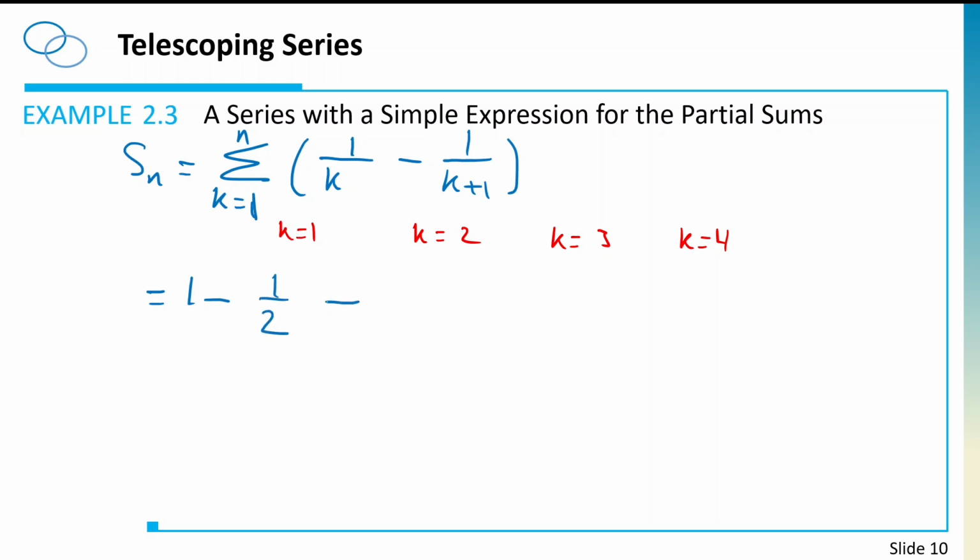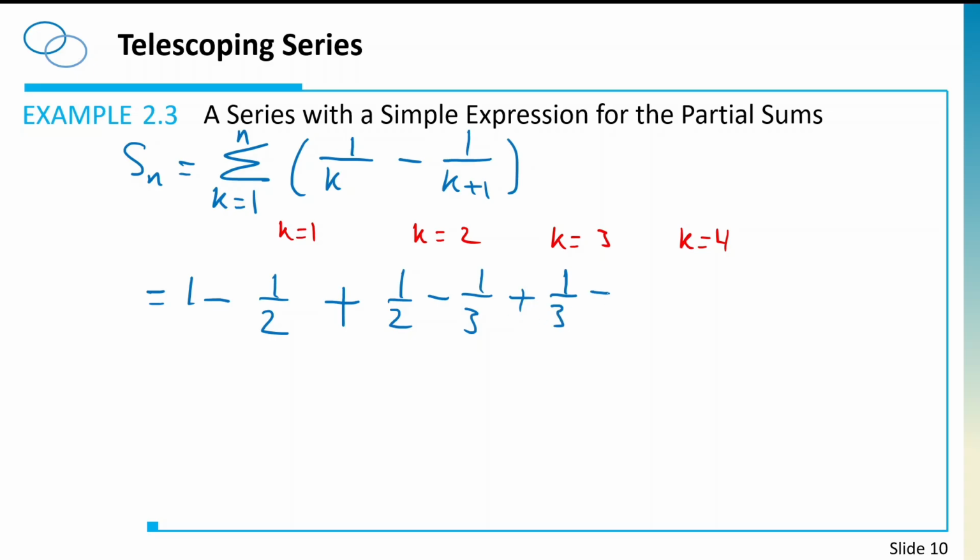In between, it will be plus. I'll do k equals 2, 1 over 2, a half, minus 1 over 3. We'll move to k equals 3. You see, it's always plus in between when I add up the expansion because it's a summation. Okay, to 3. Now I think the pattern is clear.